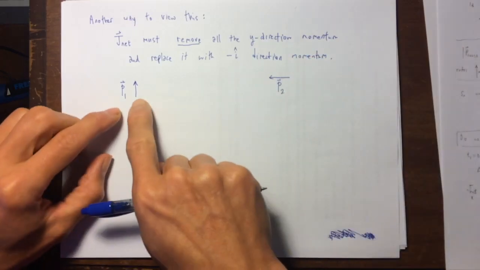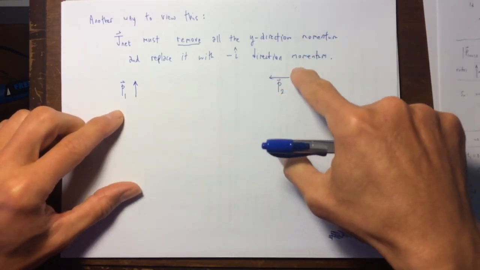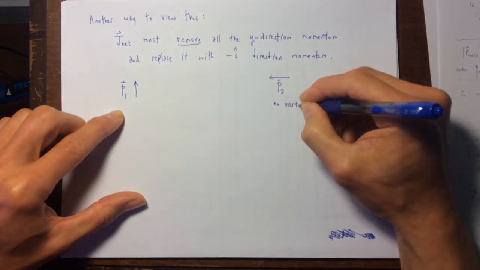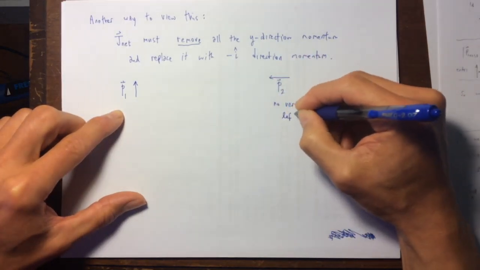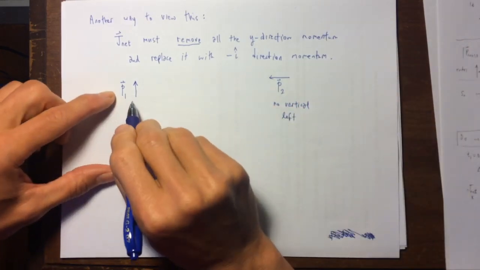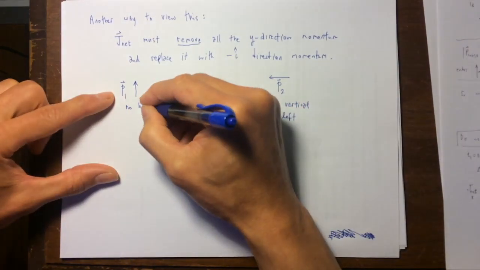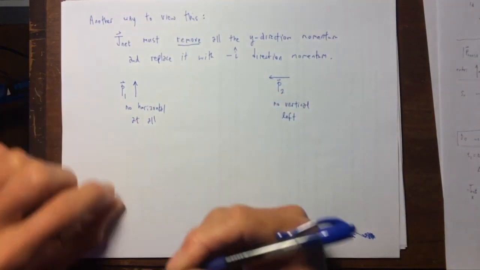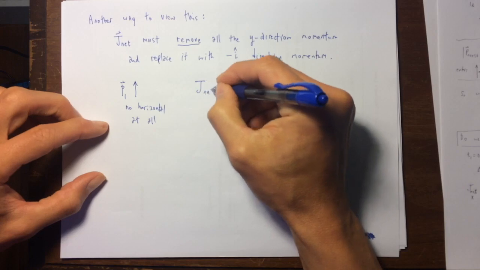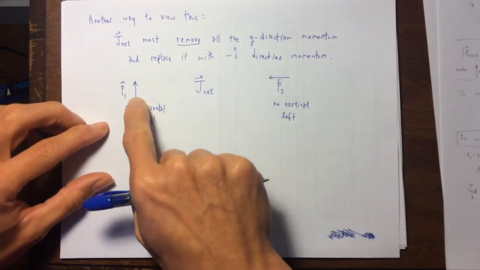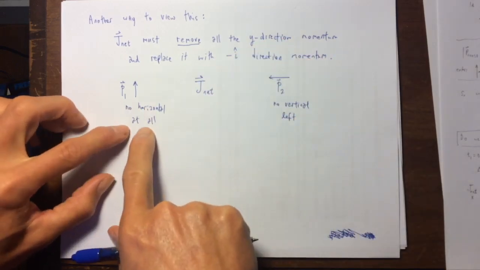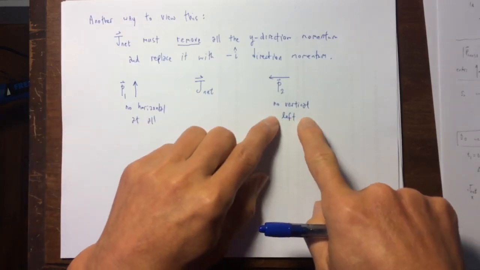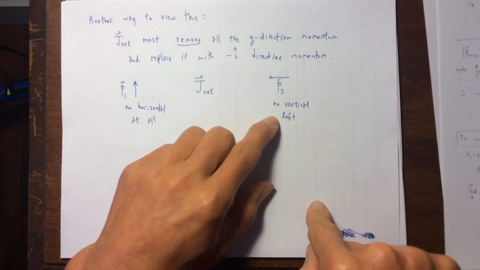leftwards. So since we have no vertical momentum here, no vertical left, and this has no horizontal at all, J net is the vector that's going to take something that has no horizontalness and make it into something that has no vertical left but does have horizontal, right?